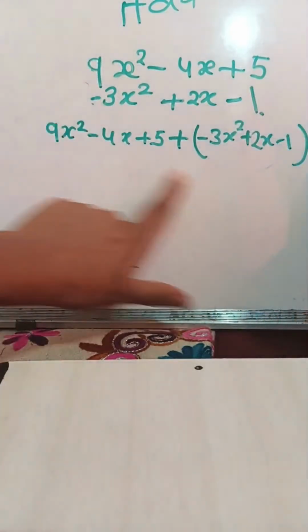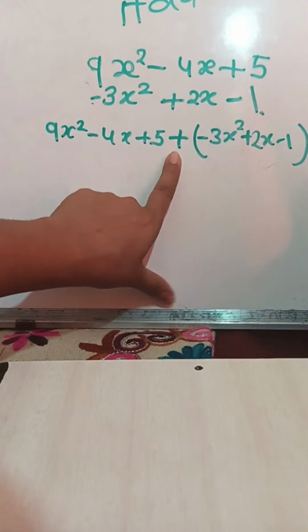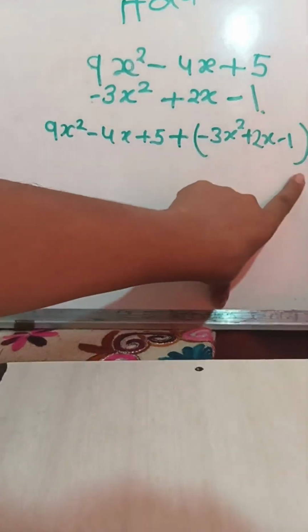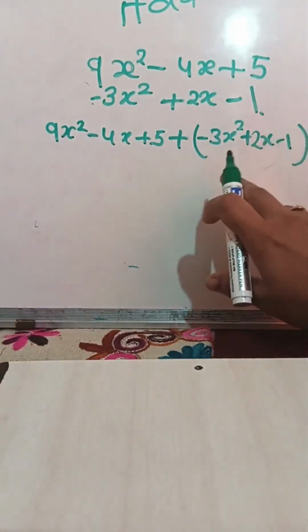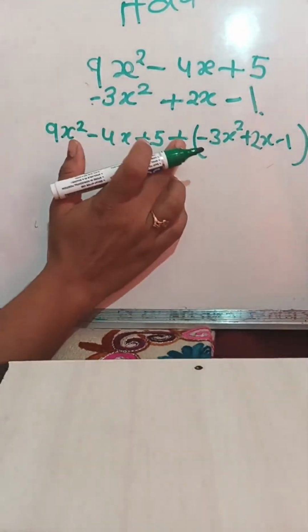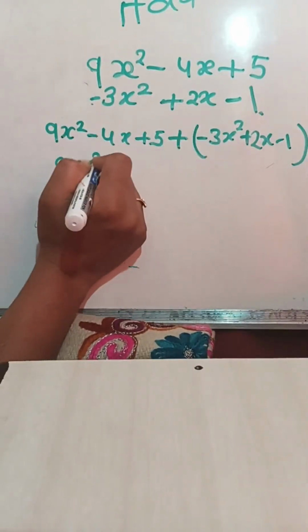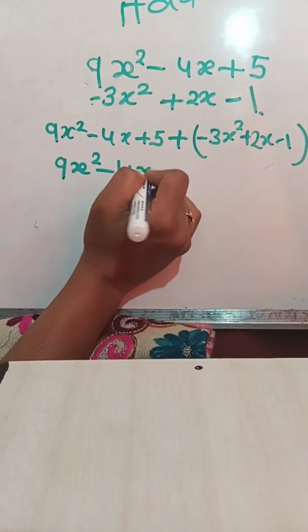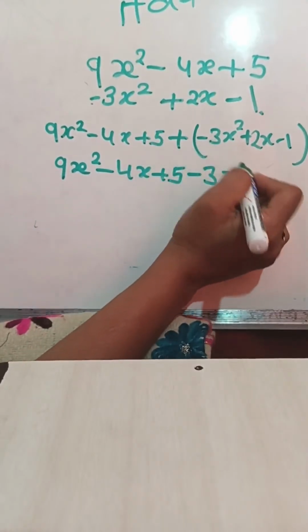Just open your bracket. 9x square minus 4x plus 5, as it is. Here we have a plus sign, so inside the bracket all the signs remain the same. There is no change in our signs. So plus minus, here is a minus. Next step: 9x square minus 4x plus 5 minus 3x square.